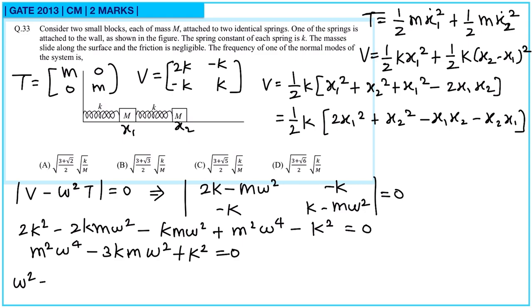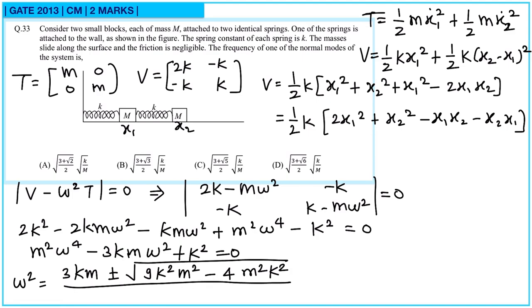So omega square is equal to, we will use minus b plus or minus square root of b square minus 4ac upon 2a. So minus b is 3km plus or minus square root of b square, which is 9k square m square, minus 4ac, which is m square k square, upon 2 into a, so that is 2m square.